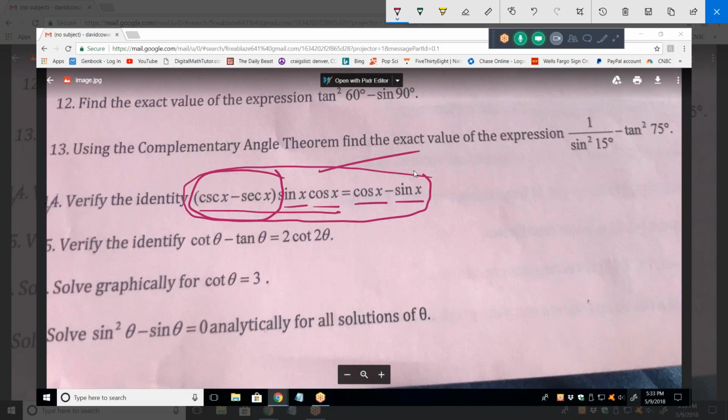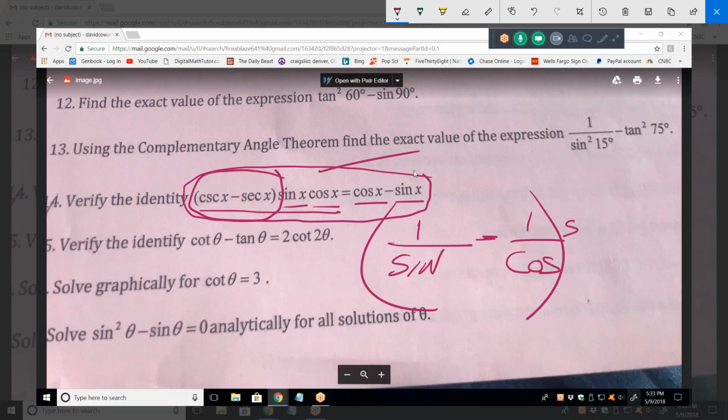It's not always the best way to do it, but it always works. So cosecant is 1 over sine minus secant, which is 1 over cosine. And I am multiplying that whole thing by sine x cosine x.